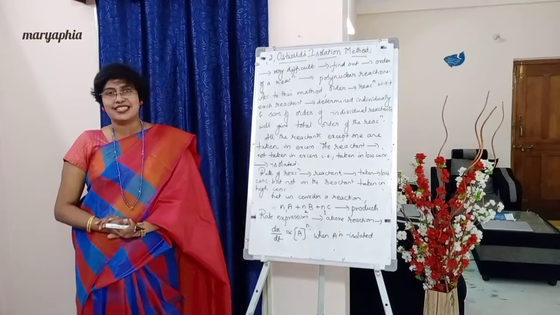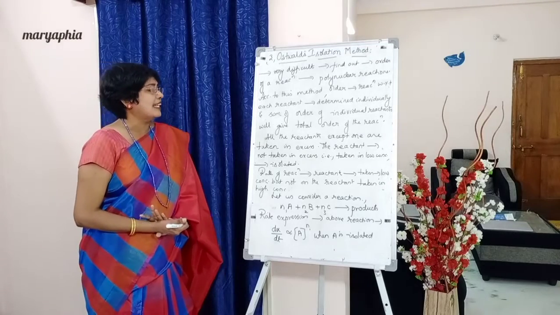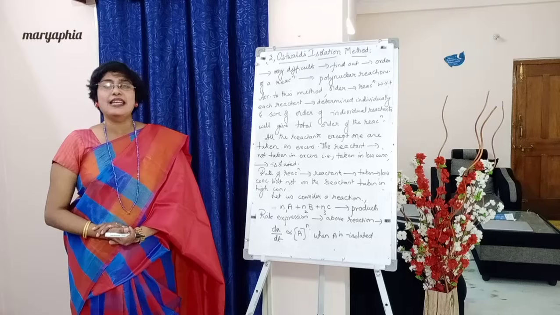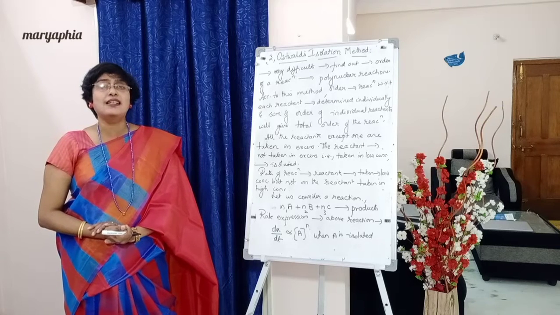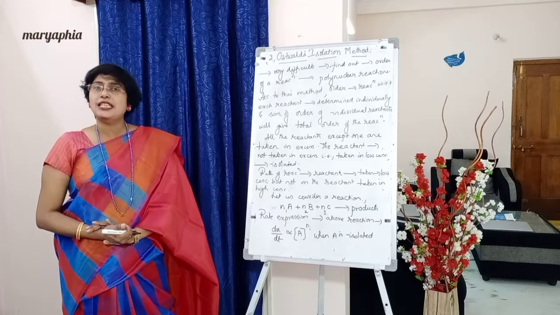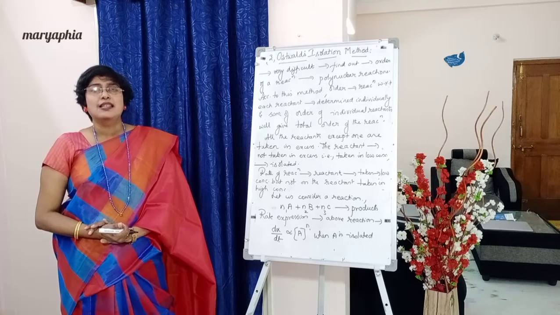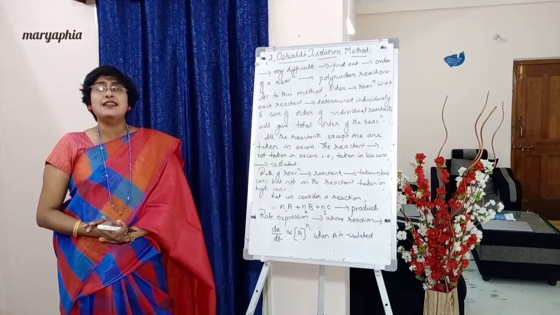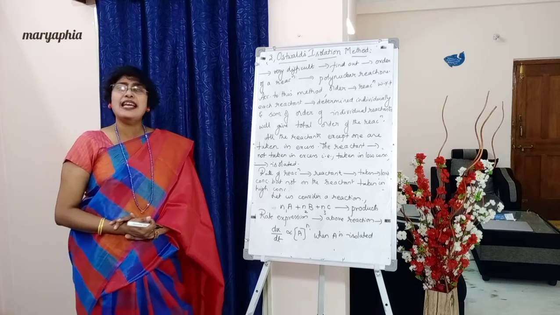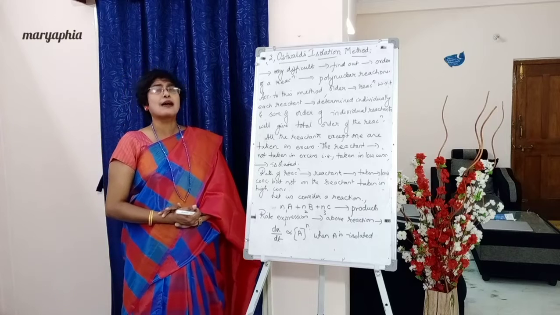Now how to do this? Next comes the procedure. All the reactants except one are taken in excess. Suppose there are 5 reactants. B, C, D and E are taken in larger amounts, whereas A is taken in smaller amounts.